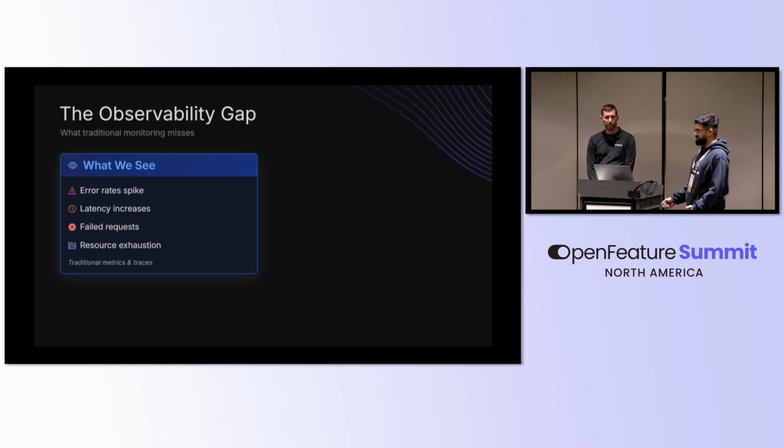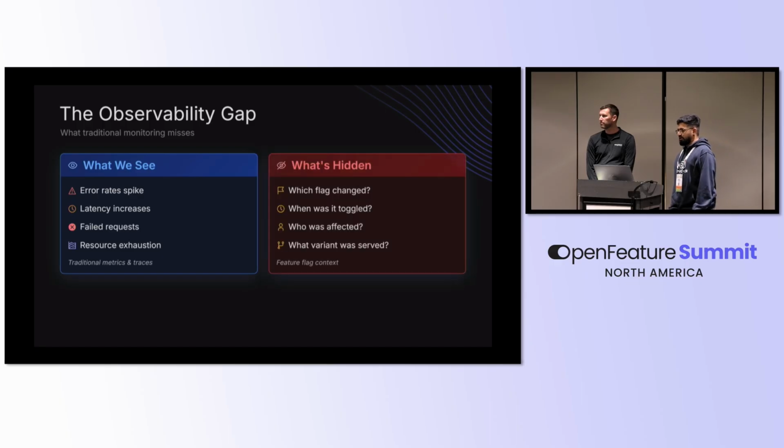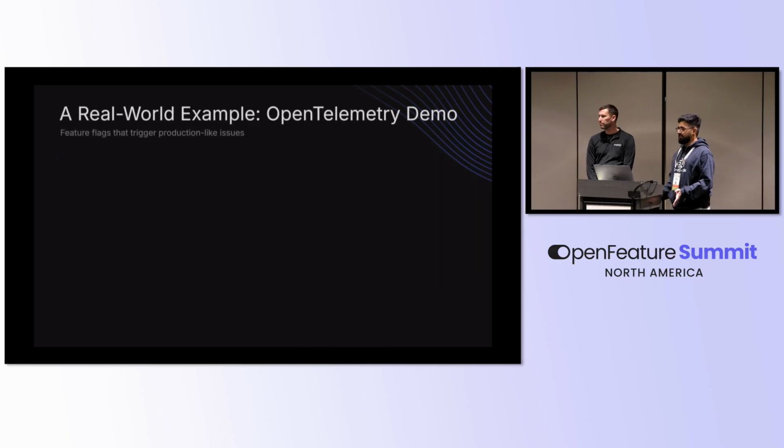That's what provides all this information. But what's mainly hidden is what flag got changed, who changed it, when was it changed, who's affected, what variants are even being served. So all of the feature flag context is very missing.